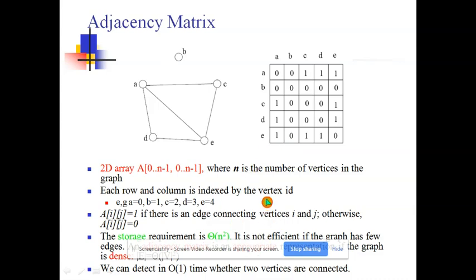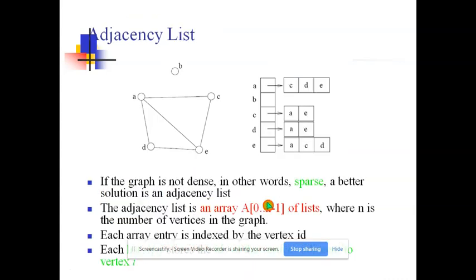There are some properties of the adjacency matrix. From the adjacency matrix, we can also find the adjacency list. An adjacency list gives the neighborhood of any vertex.